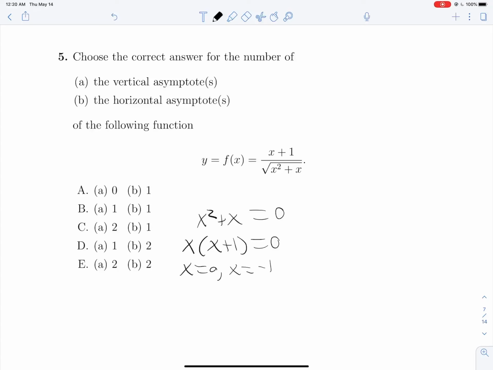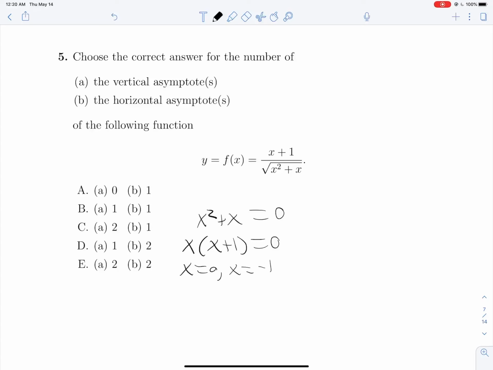It's not a full vertical asymptote. The only ones that end up being vertical asymptotes are factors that appear in the factored form of the denominator but do not appear in the numerator. So vertical asymptotes, we found 1.